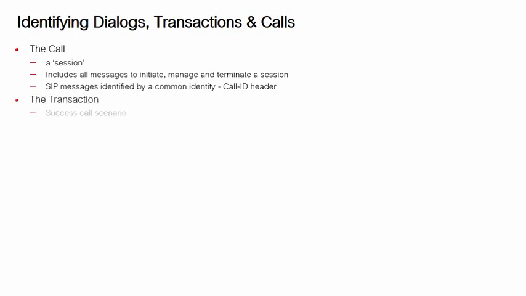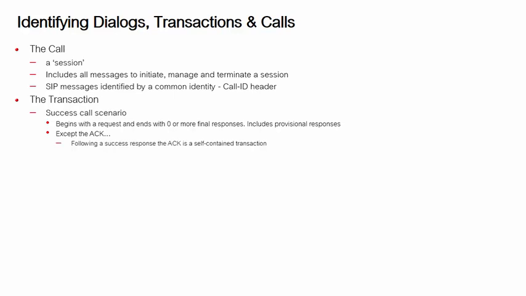Transactions? Well, in a successful call scenario, they begin with a request and end with zero or more final responses to the request, and include any provisional responses, except for the ACK. Following a success response, the ACK is a self-contained transaction. Now, in a failed call scenario, following an error response, the ACK is included in the INVITE transaction.